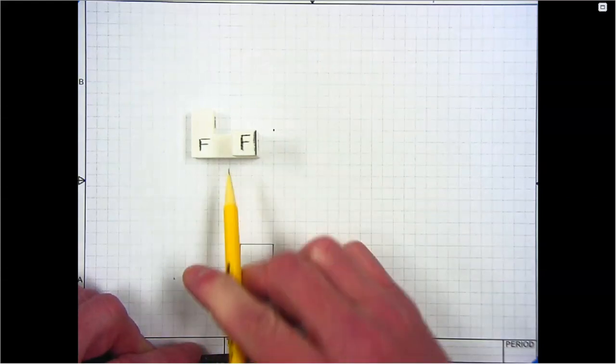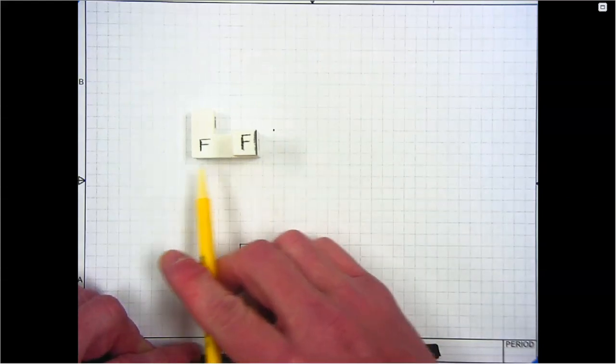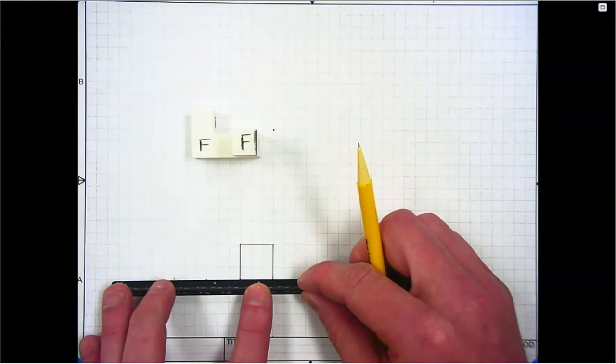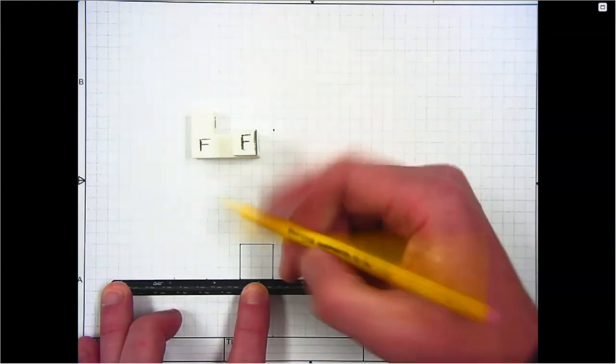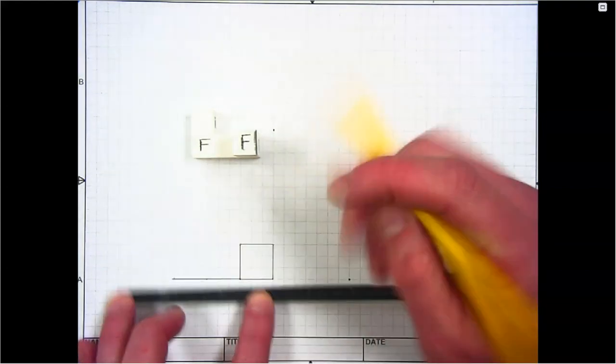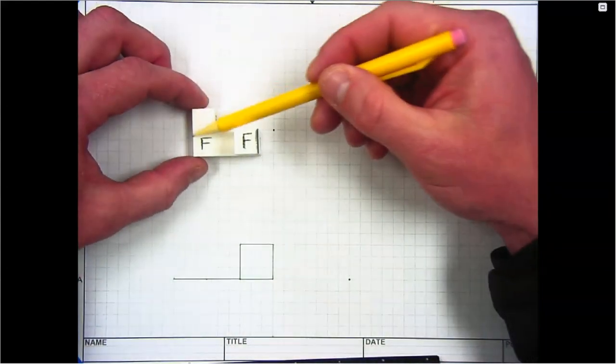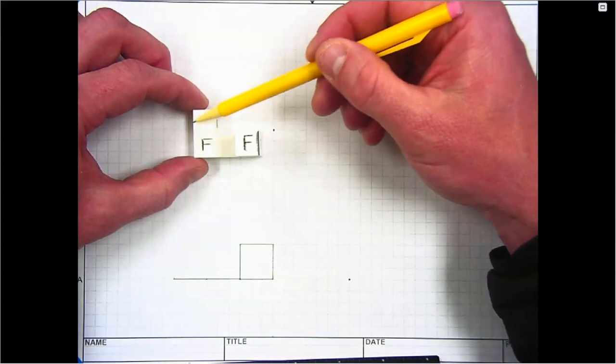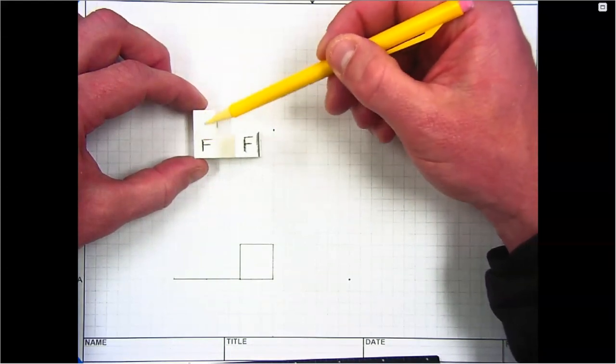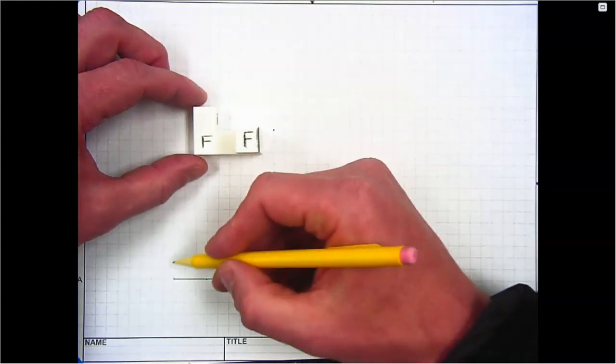And that's going to be creating the line from here to here in the front view of the part. From that point, we'll go up in the height dimension 6 spaces for 2 cubes.